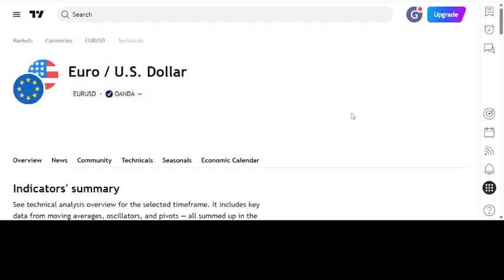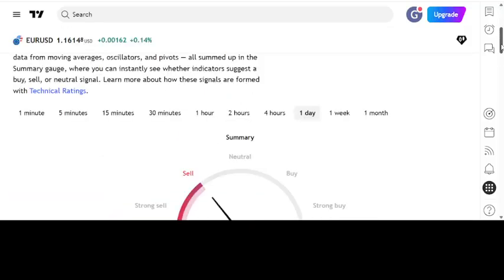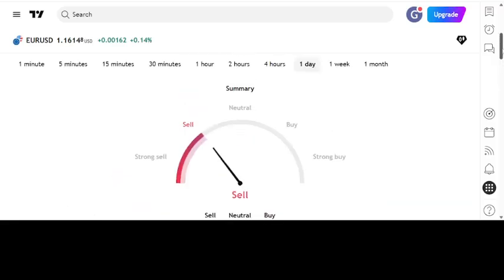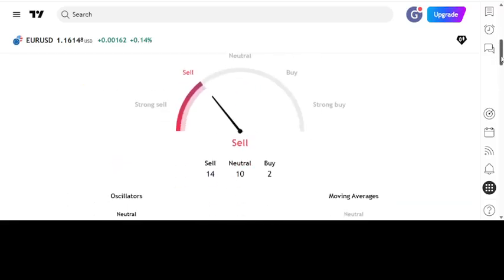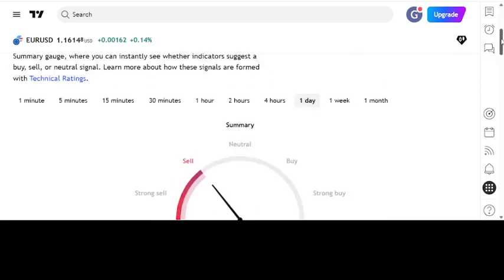Okay. So in the technical section here, there are signals here. There's a clock bar here. It tells you, okay, if we go up a little bit here, for the 1 day time frame, the TradingView signal is telling you to sell.